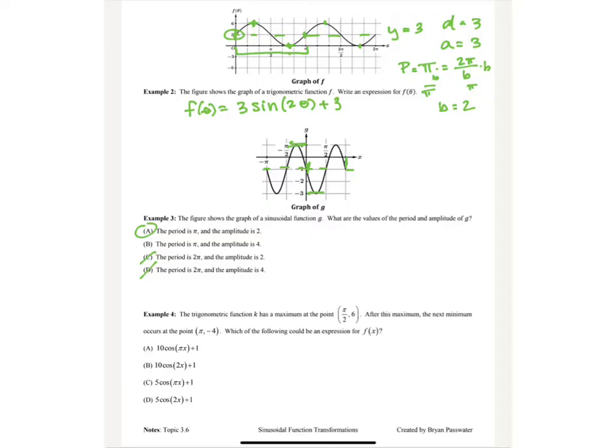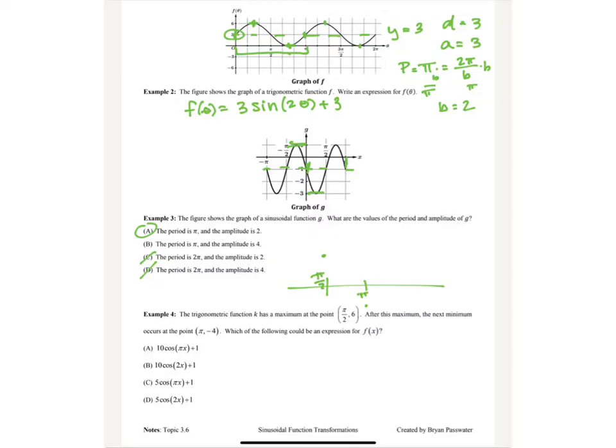Example 4. A trigonometric function has a maximum at the point pi over 2 comma 6. After this maximum, the next minimum occurs at pi comma negative 4. Which of the following could be an expression for f of x? Okay, so really going to go to work here. This is at pi over 2.